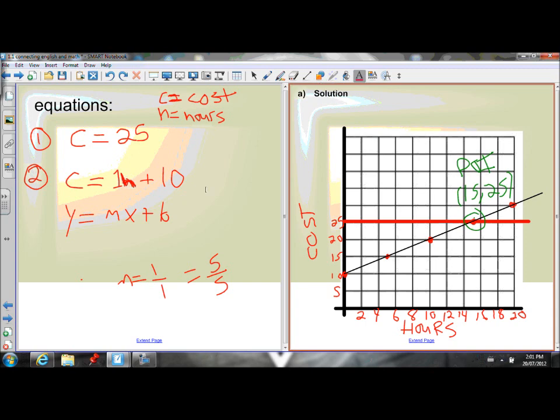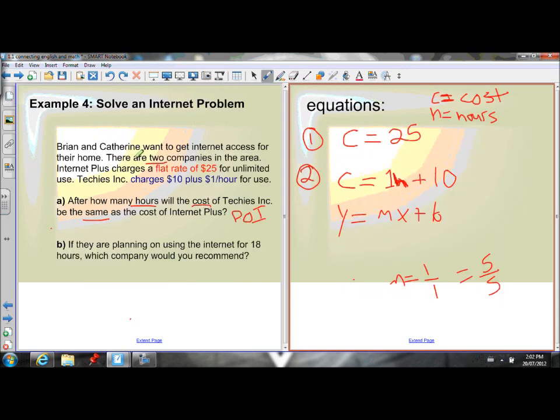So I'm just going to kind of highlight that point there. Right here. So at 18, the cost is lower for the first company than it is for the second company. So our first company, what was it called? Our first company, Internet Plus.